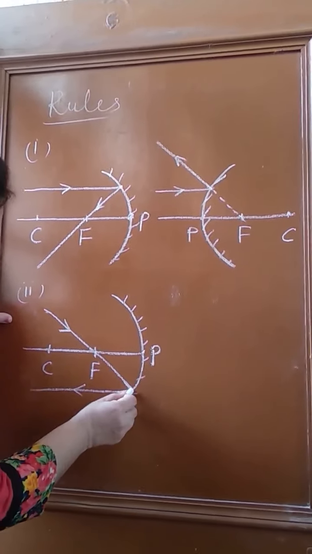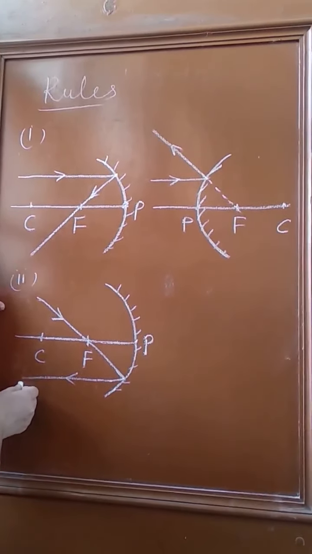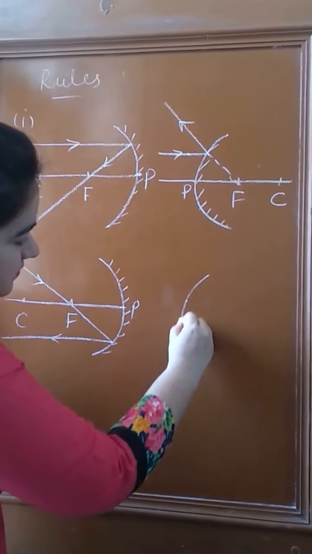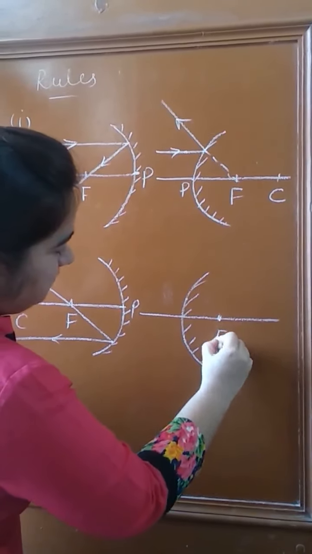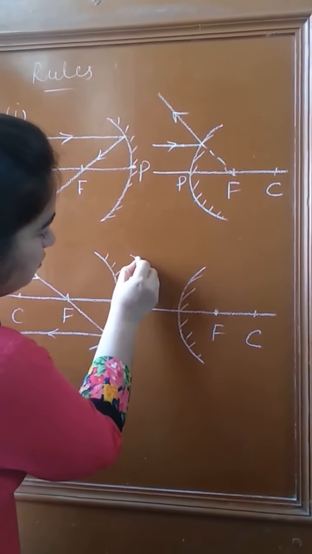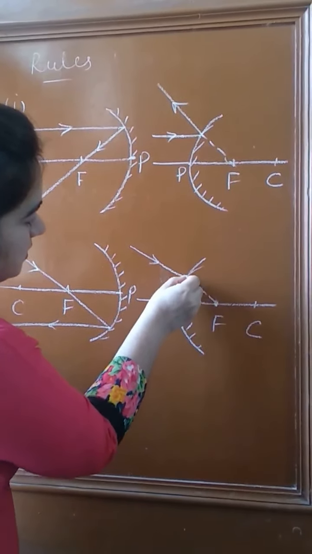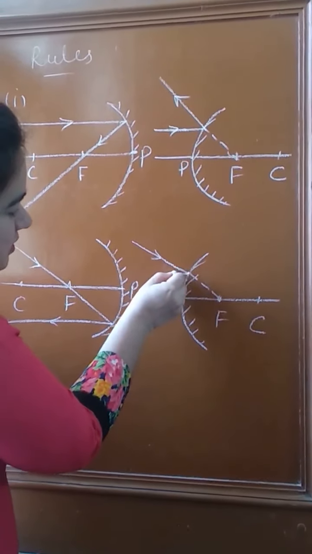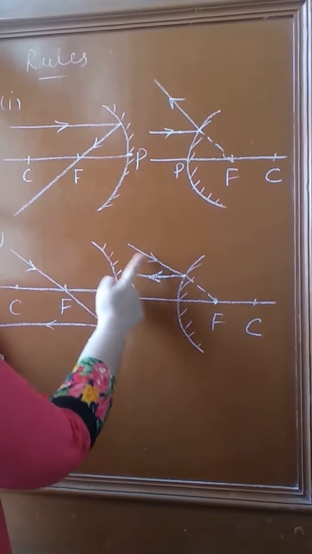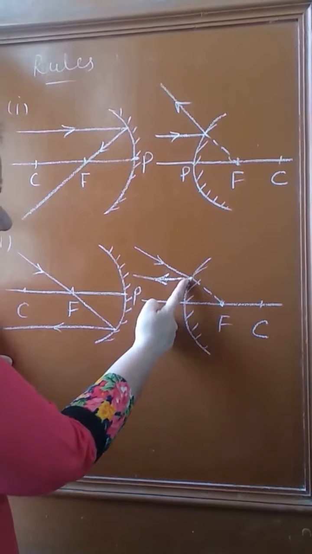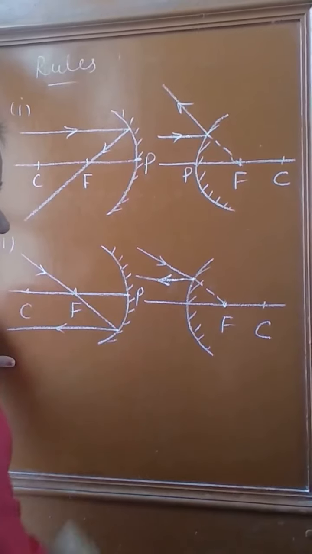Now in the convex mirror, when a ray goes towards the focus and is incident on the mirror, then after reflection from this mirror, it goes parallel to the principal axis.